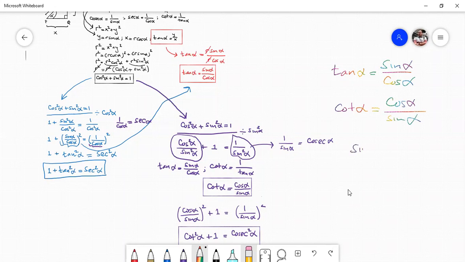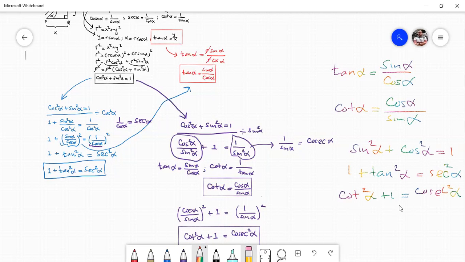And then we have sine squared alpha plus cosine squared alpha equals to 1. And then 1 plus tangent square alpha equals to secant square alpha. And then cotangent square alpha plus 1 equals to cosecant square alpha.